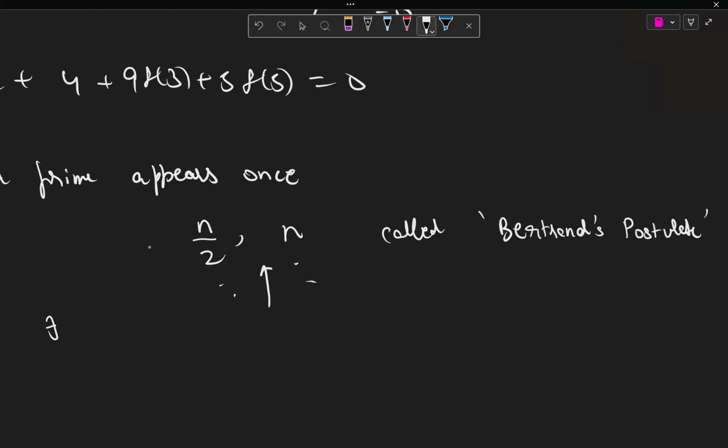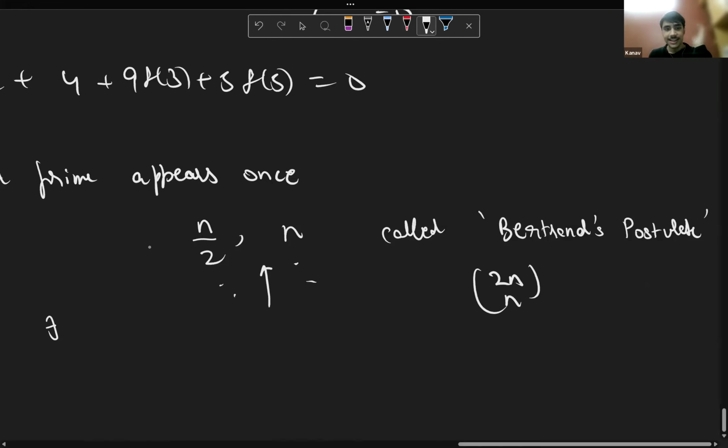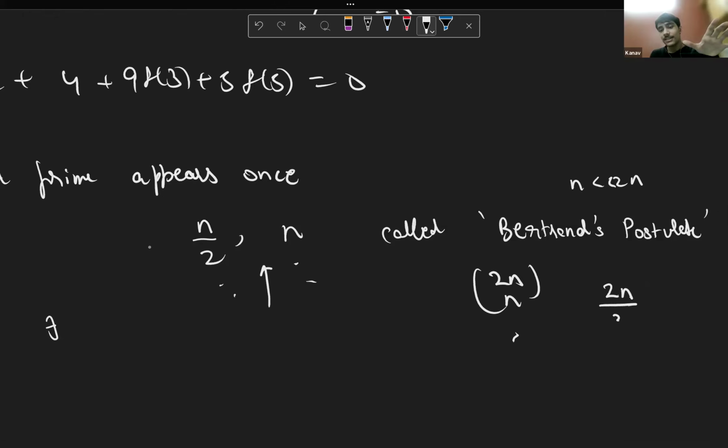The proof is very clever. The point is you consider 2n choose n. And if you're trying to prove there's a prime between n and 2n, suppose it doesn't have any primes between n and 2n, right? What you can show is that primes bigger than 2n by 3 and n don't exist.